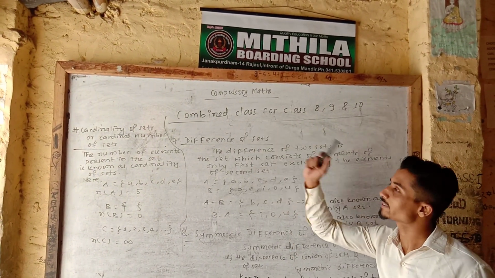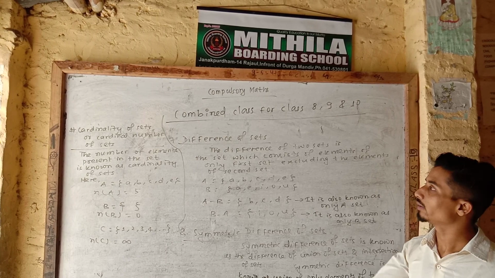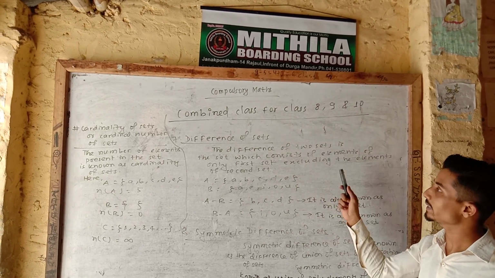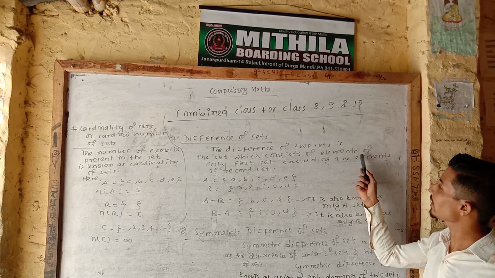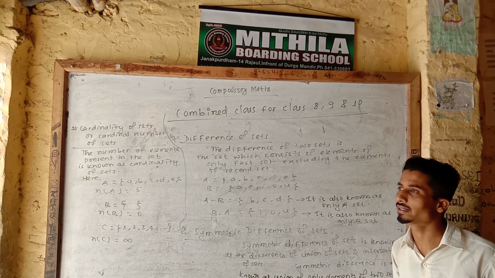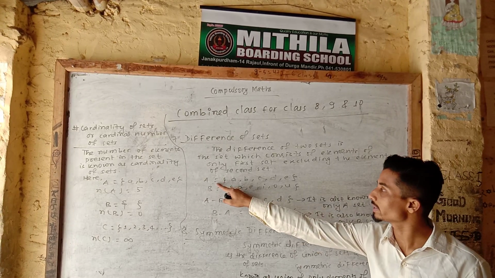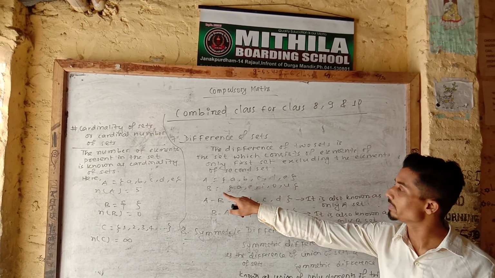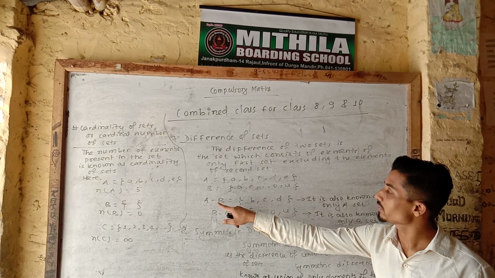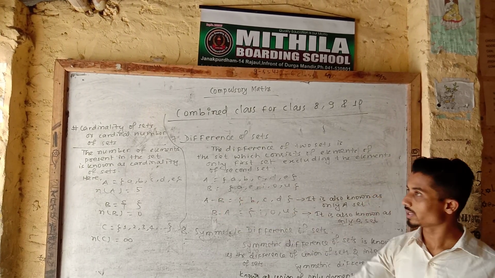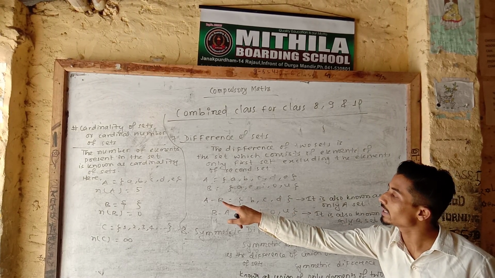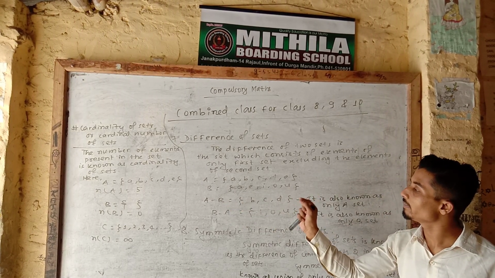The seventh type of operation on sets is the difference of sets. The difference of two sets is the set which consists of elements of only the first set, excluding the elements of the second set. If we have two sets, A = {A, B, C, D, E} and B = {A, E, I, O, U}, and we subtract set B from set A, we remove all the common elements and keep the elements of A only.